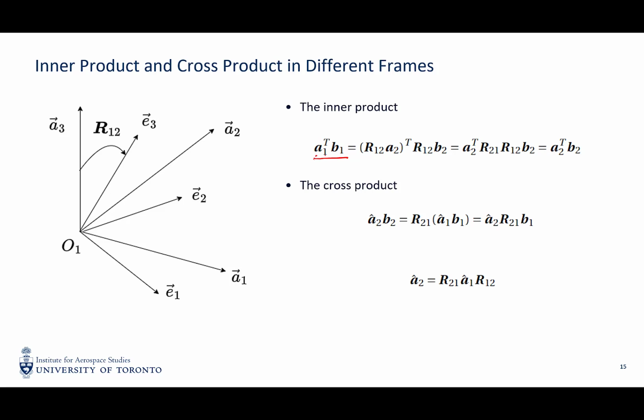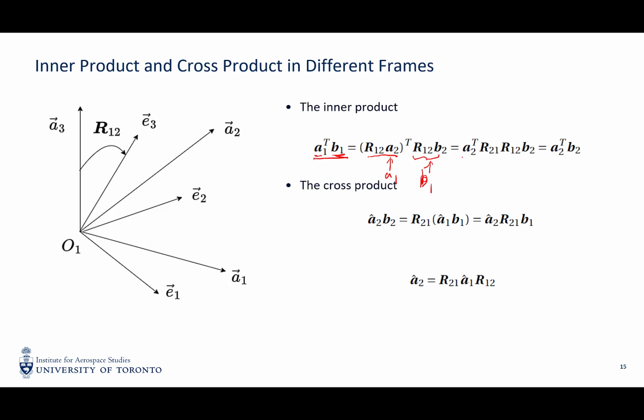Now, we apply the rule of rotation matrix, and then we can directly replace A1 with R12 times A2. And we can replace B1 with R12 times B2. So this is actually B1, this is A1, by using the definition of the rotation matrix.